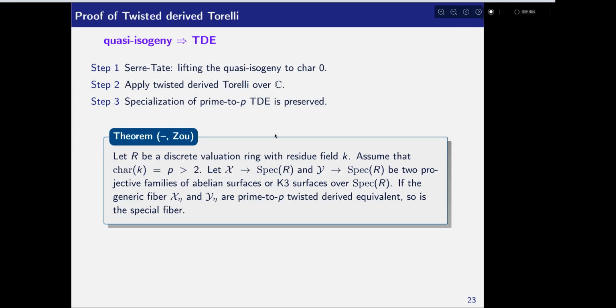If R is a DVR with fraction field K, and K is of positive characteristic but odd characteristic, and given two integral models X and Y over Spec R, either families of abelian surfaces or K3 surfaces, if the generic fibers are prime-to-p twisted derived equivalent, then we can show that the special fibers are also twisted derived equivalent. So twisted derived equivalence is preserved under specialization.